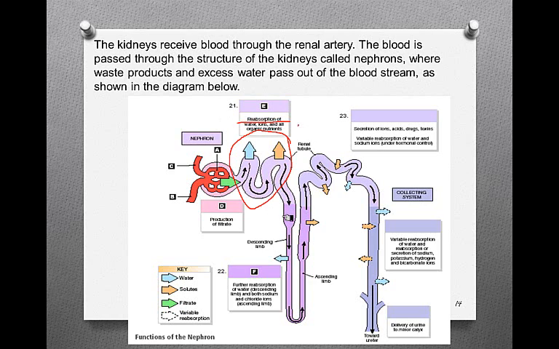And then as we come down here, the descending limb of the loop of Henle is still very permeable to water. And then as it comes back up, it gets less so, and by the time it reaches here, it's not permeable to water anymore, and I'll explain why that's important.